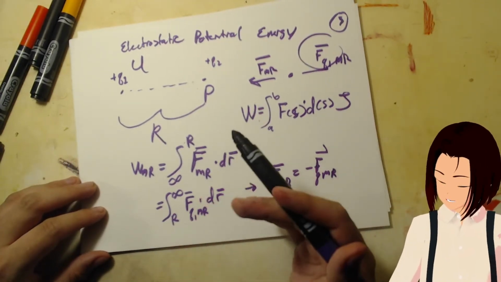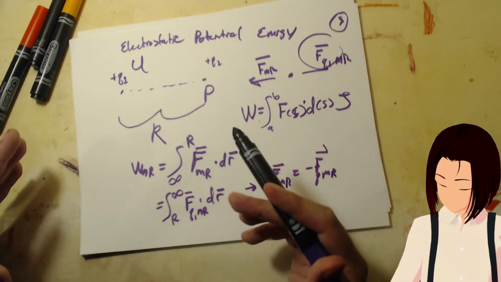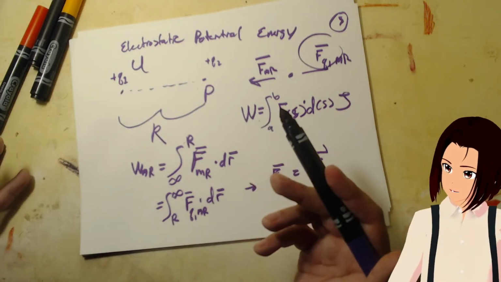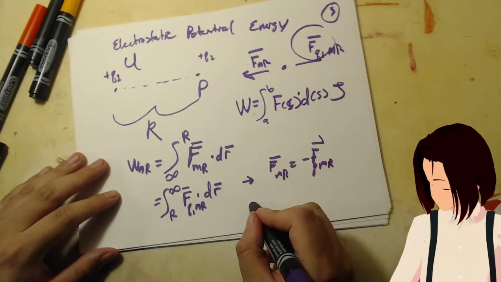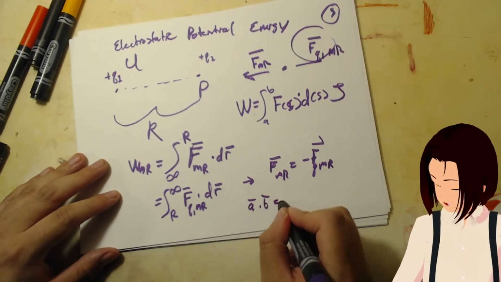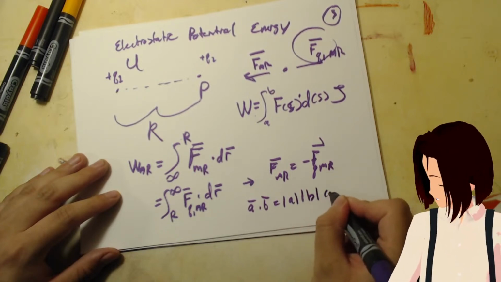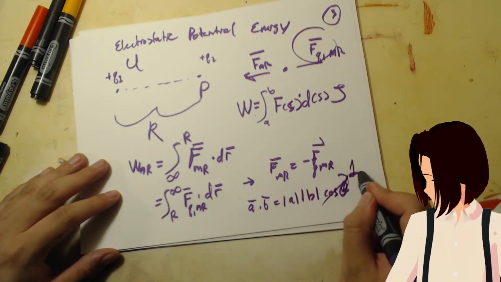If we do the dot product, the angle between F of Q1 on Merriweather and dr is 0. You remember the dot product, right? A dot B is equal to AB cosine theta, and this is 1.